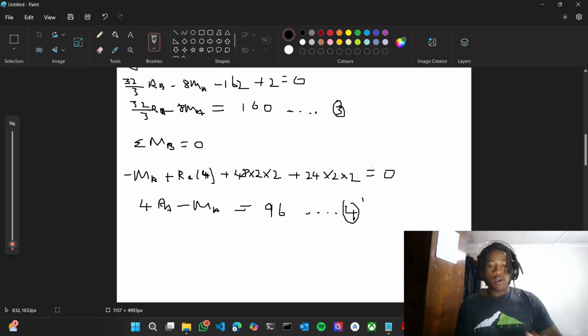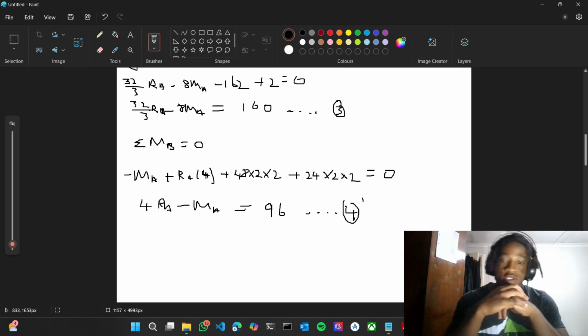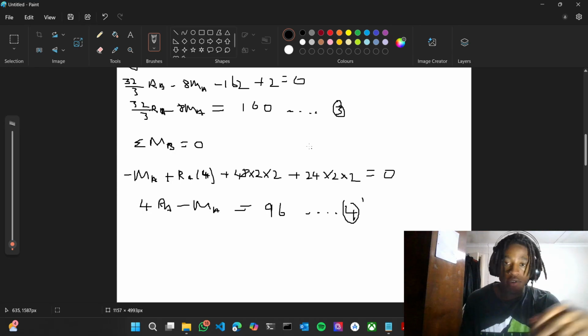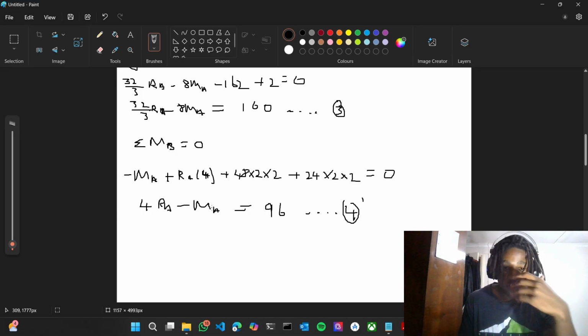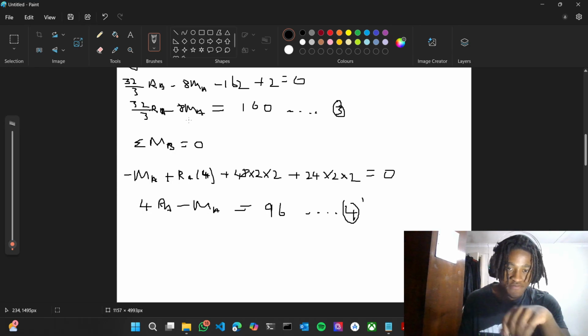Right, now for us to solve these two equations simultaneously, which will give us our unknowns, it's useful to scale this one up to this specific number here, because they will then cancel out when you subtract them.